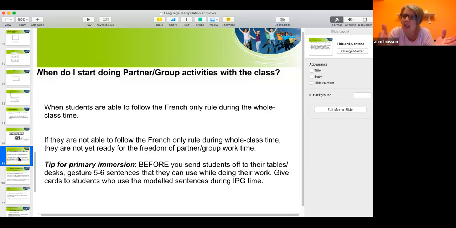And that's what they are, it sets them up, they can say something. Because their natural instinct, of course, in the beginning, is to speak English to each other. So you have to set them up with the little ones.